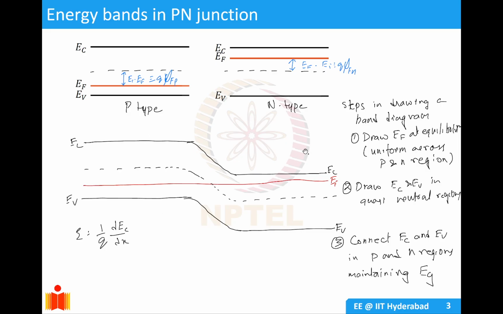So this region and this region. Here your Fermi level is like this, so you draw the rest of the bands accordingly, this and this. Similarly, here your Fermi level is like this, so the rest of the bands you draw this and this, and then you just join these bands in the depletion region while keeping the band gaps constant.